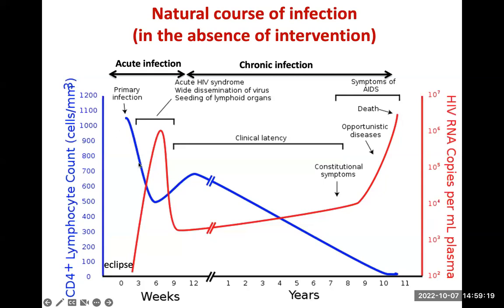This is even within a week after detection of virus in peripheral blood, which will be probably around 2 weeks. We still don't know the exact period, how long it takes for the virus to get detectable in blood, but estimates have been around a week or two. So then you start detecting the virus in peripheral circulation, and then you start seeing a sharp decline in CD4 counts.